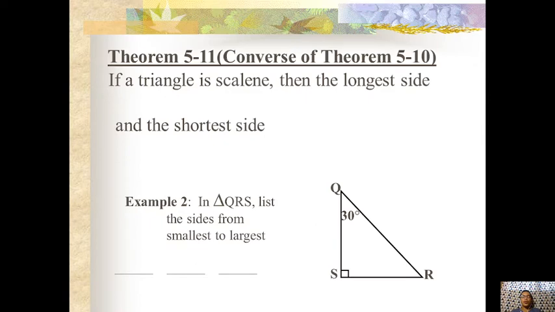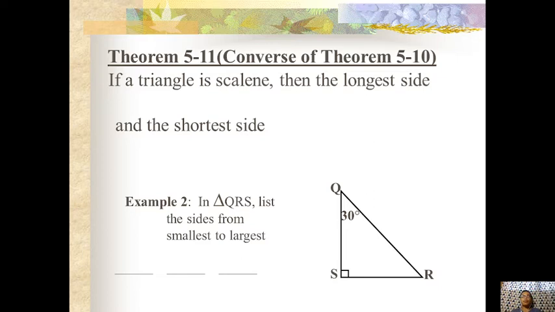So Theorem 5-11, or the converse of Theorem 5-10. Theorem 5-10 states that the largest angle must lie opposite the longest side, and the smallest angle must lie opposite the shortest side.